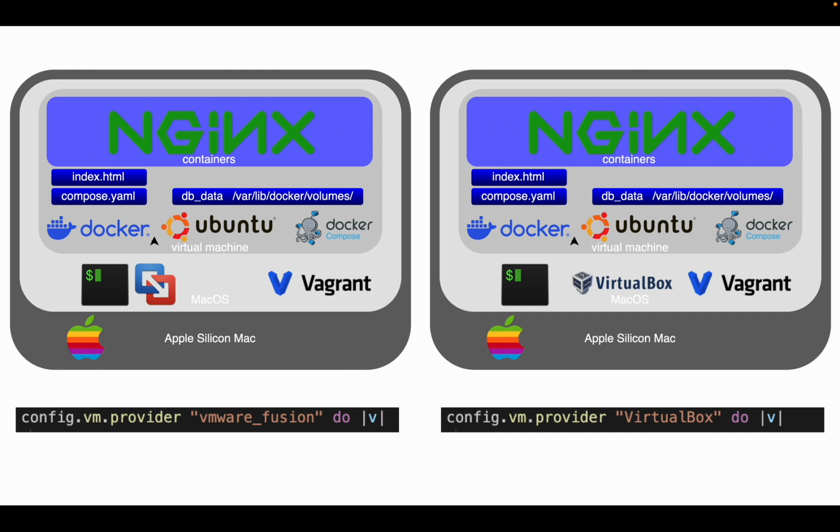So we've got two machines, and the difference is one is running VMware Fusion and one is running VirtualBox. The only line that changes in the infrastructure as code is the config VM provider. So one's VMware Fusion and one's VirtualBox. It's pretty straightforward.